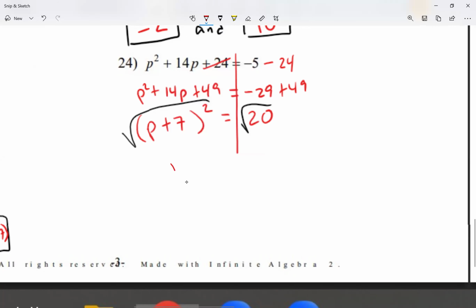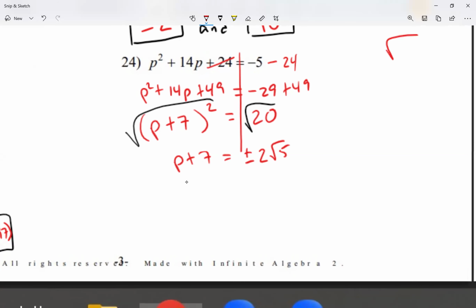So that gives me that p plus 7 is equal to plus or minus the square root of 20. Now the square root of 20 can be simplified. That simplifies to 2 radical 5. Remember we talked about simplifying before. What I did, I was like, oh, square root of 20, I can break that as two radicals, 4 times 5. Square root of 4 is a perfect square, so that becomes 2 radical 5.